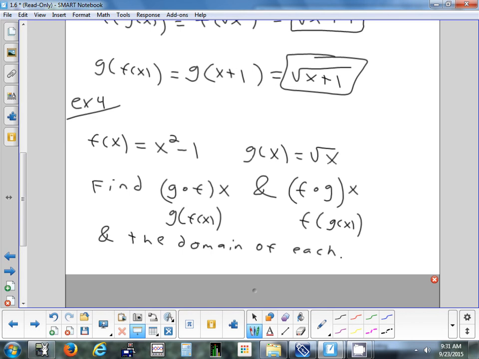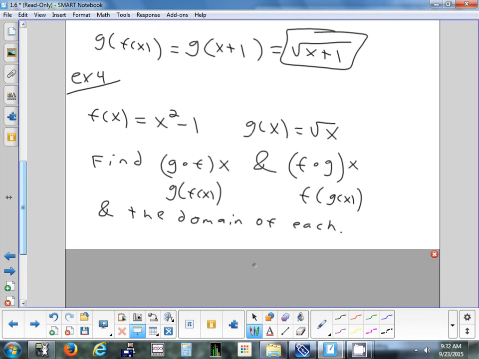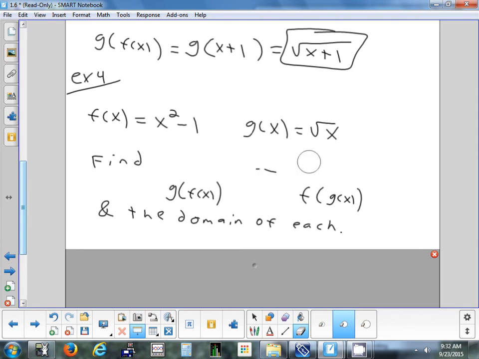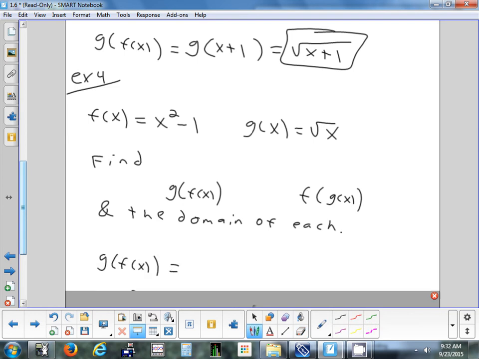Now let's try one with the domain. So I'll do the same thing. We'll find g of f, f of g, and the domain. Okay, you don't have to worry about this other notation. Might see it in the book a little bit, but on the test I'm not going to use it. All right, so start out with g of f of x.